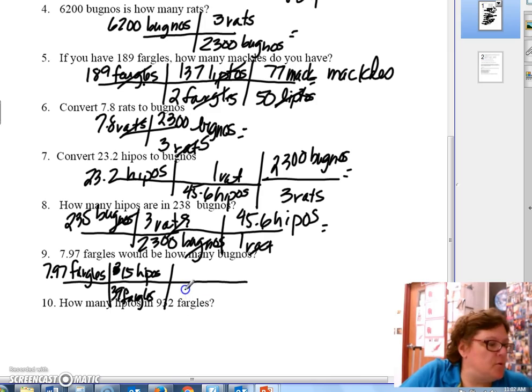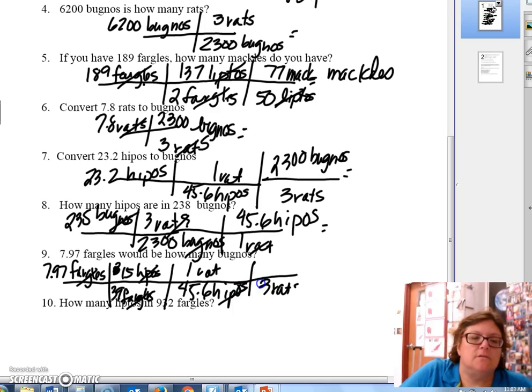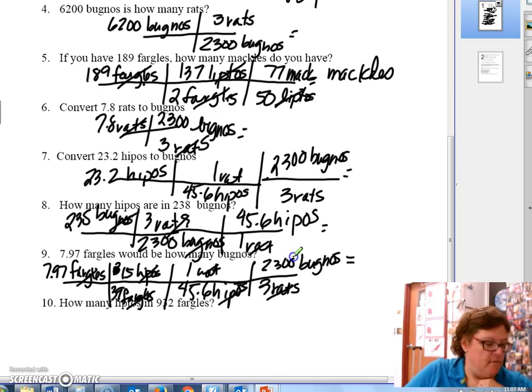And then we can go Hippos to Rat, 45.6 Hippos to 1 Rat. We can cancel Fargals. Cancel Hippos. Now we have Rats. And we know that there are 3 Rats for every 2,300 Bugnose. So Rats cancels.